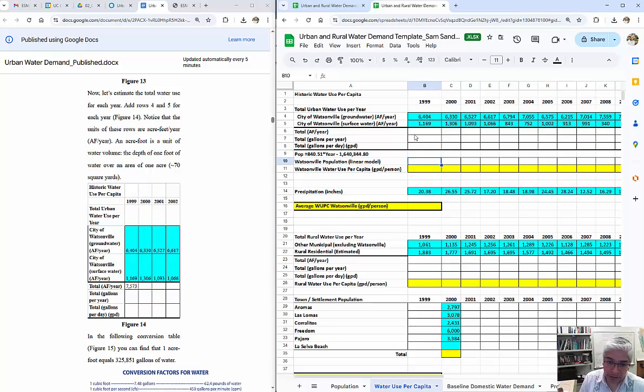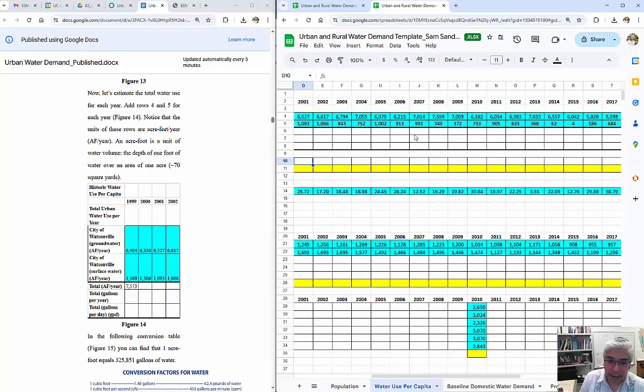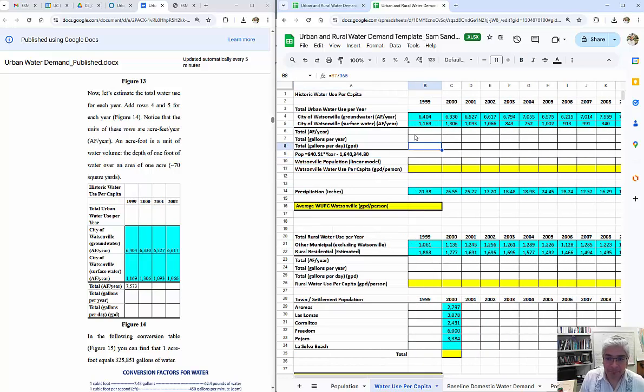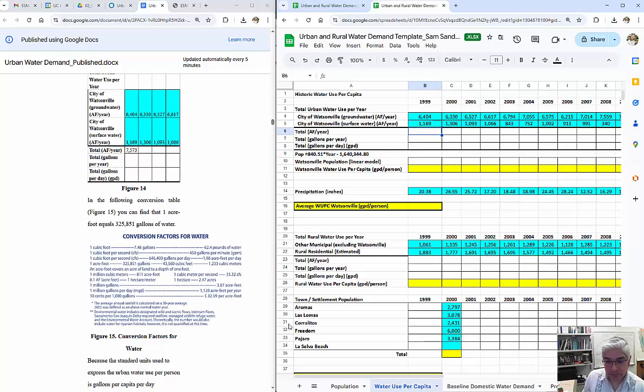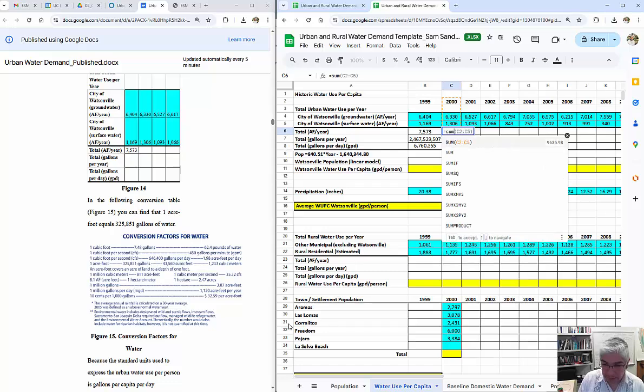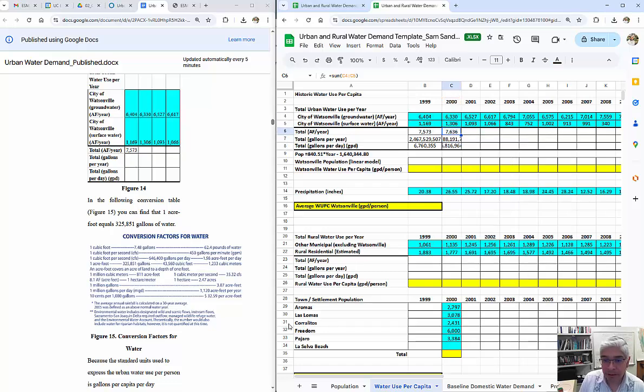Then we're going to use the previous linear model to calculate the population and estimate the water use per capita. To estimate the total water use, we just need to add this plus this. We can do it that way. See that it already knows it has to calculate gallons per year and then gallons per day. But basically we can do it like that, or we can use the command zoom.